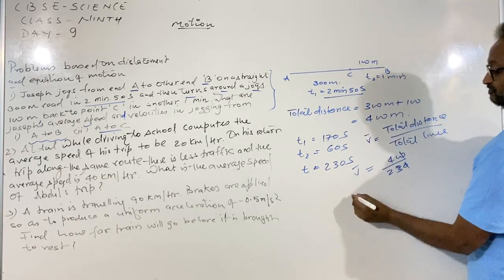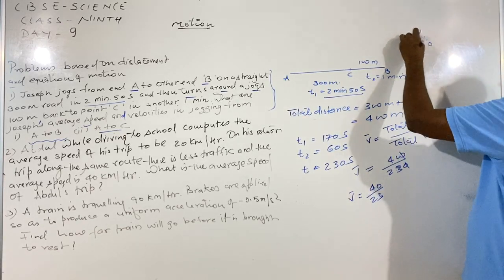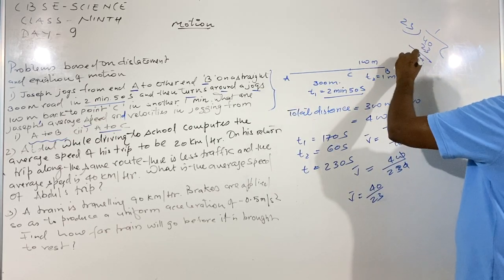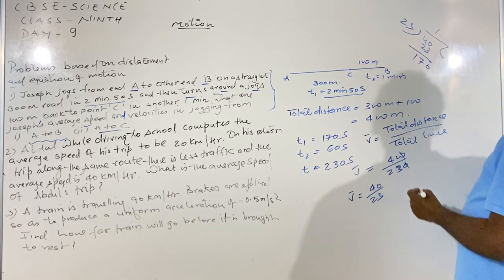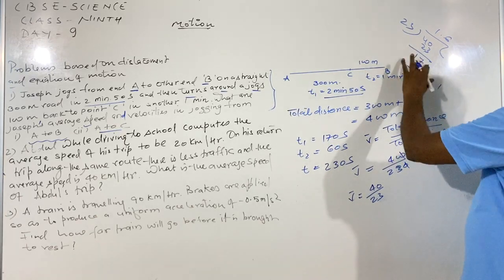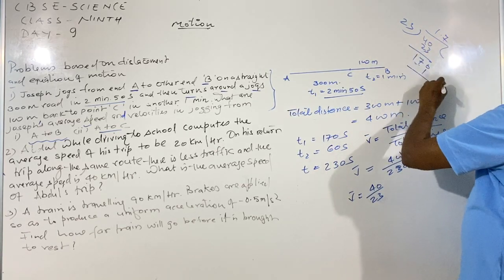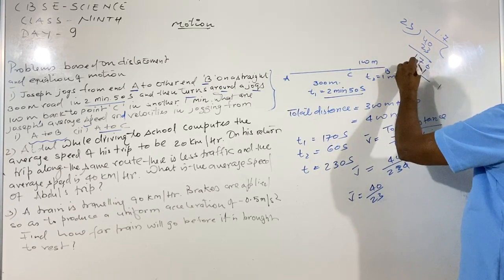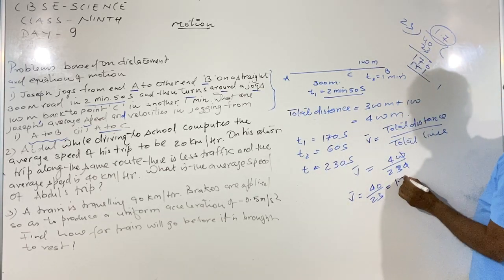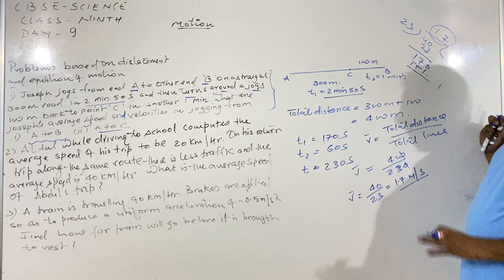Now let us calculate in decimal fraction. Approximate 1.7 meter per second. This is the average speed.